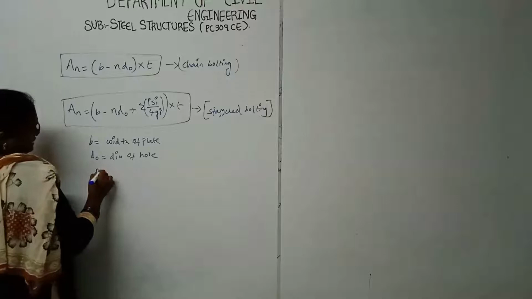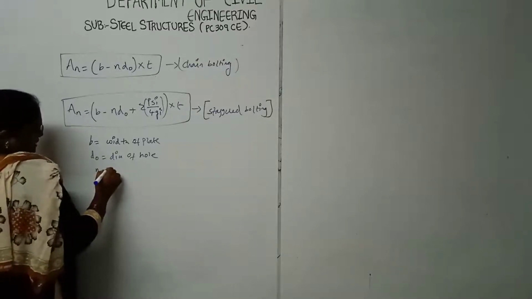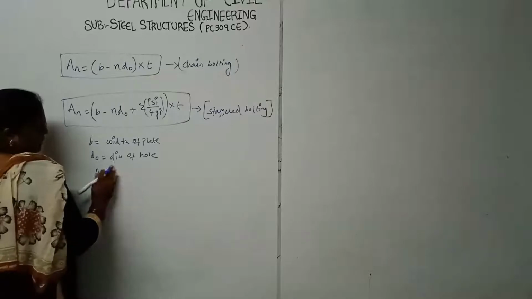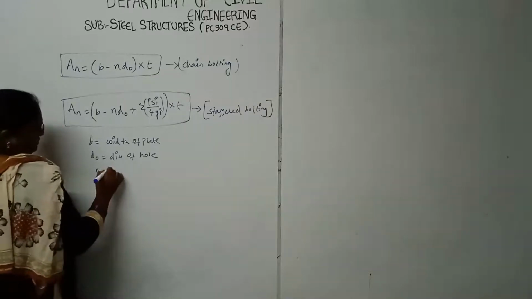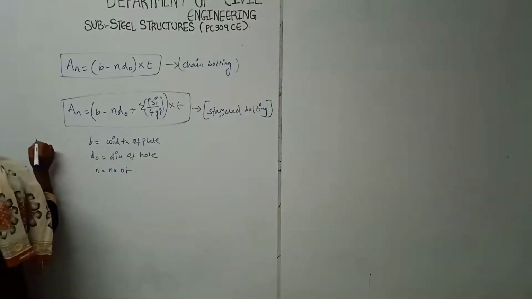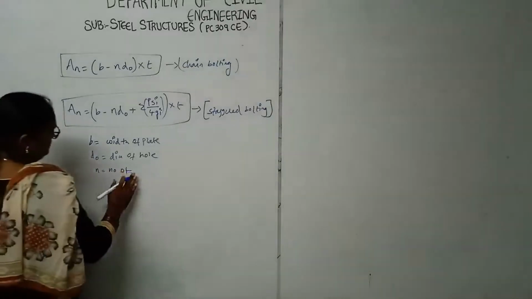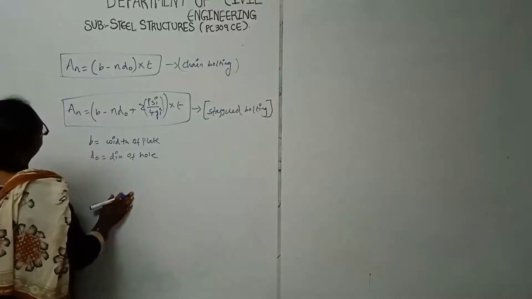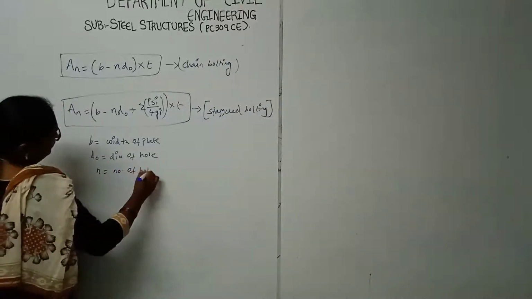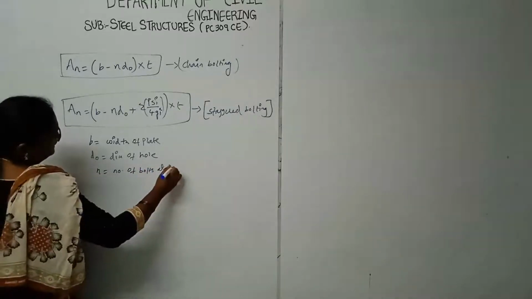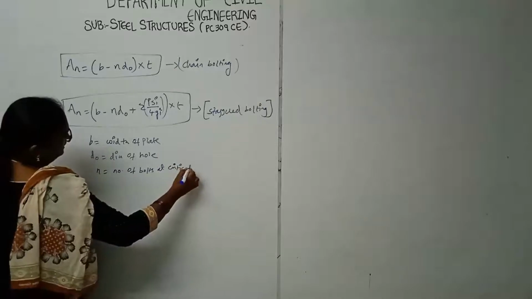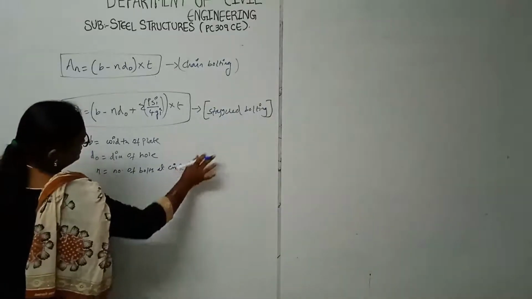N is the number of bolts at the critical section. So how can we find out this number of bolts at the critical section?